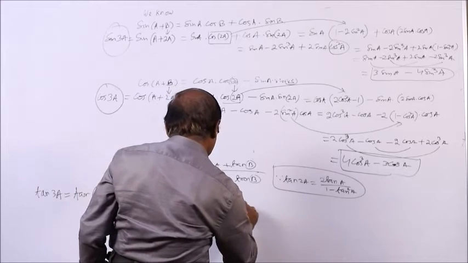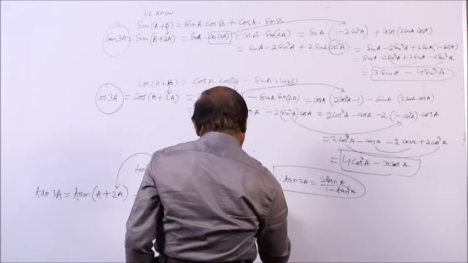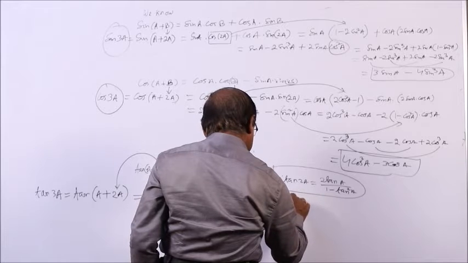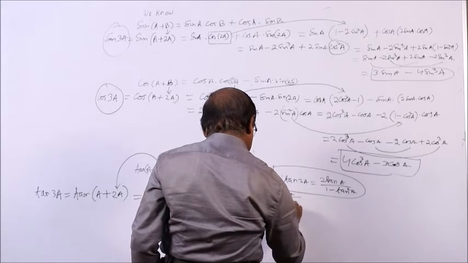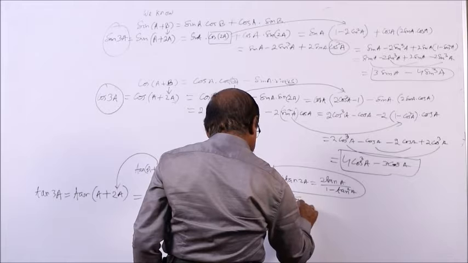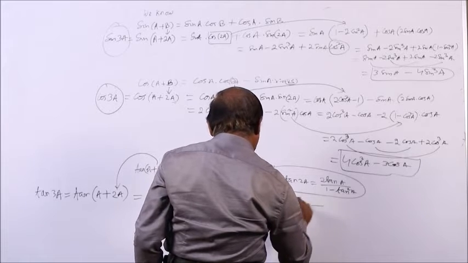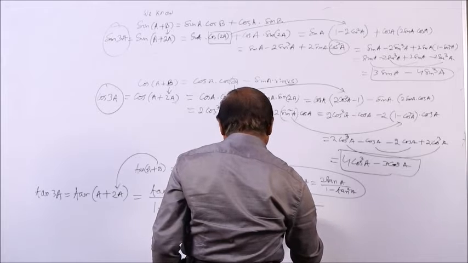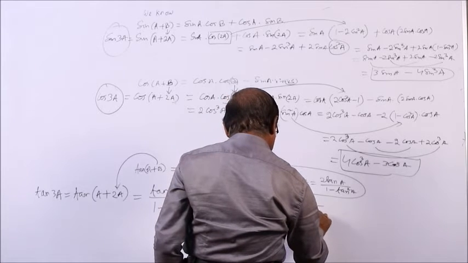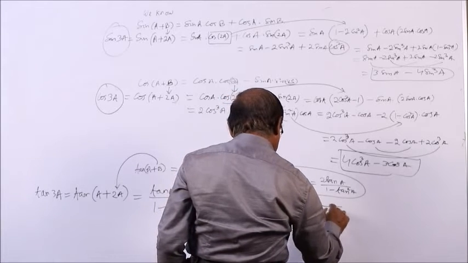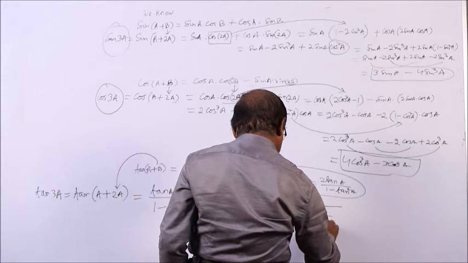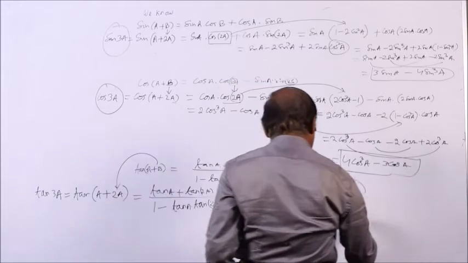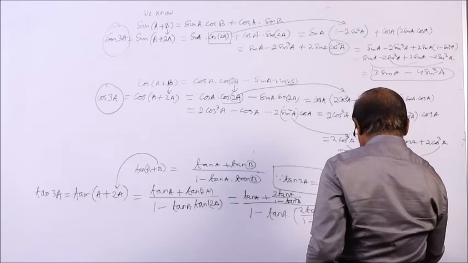So, I am using that one: tan A plus 2 tan A by 1 minus tan square A, by 1 minus tan A into 2 tan A by 1 minus tan square A. So, what is this?